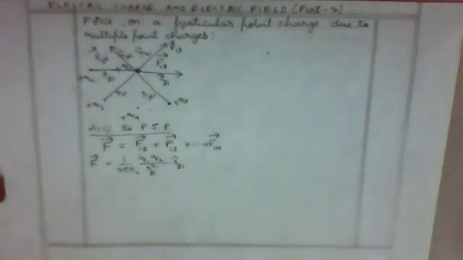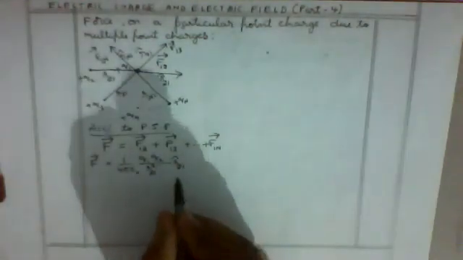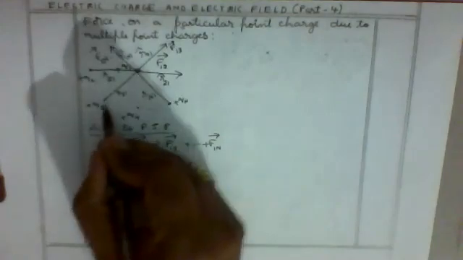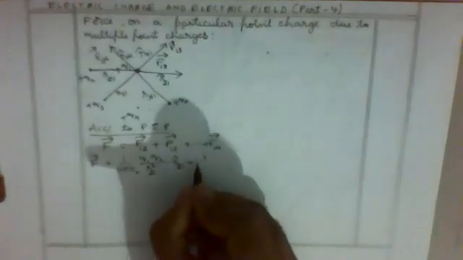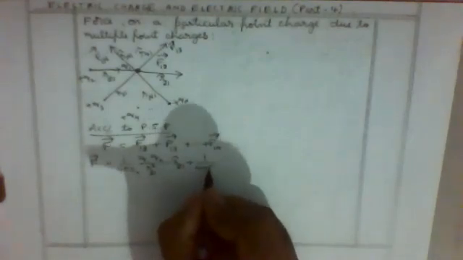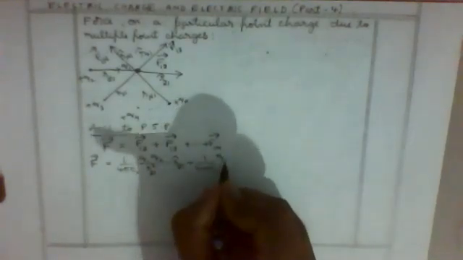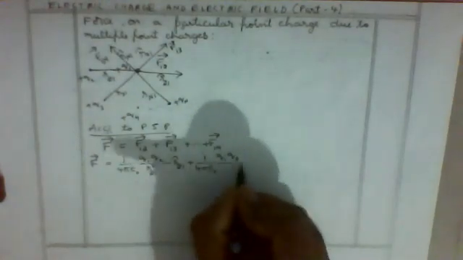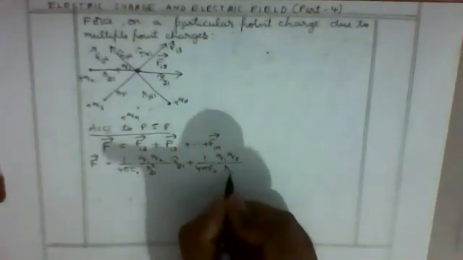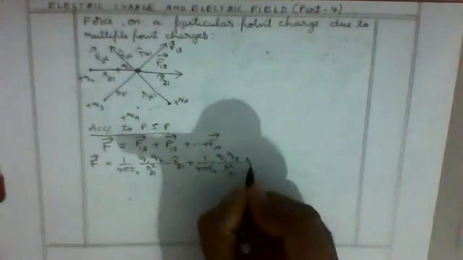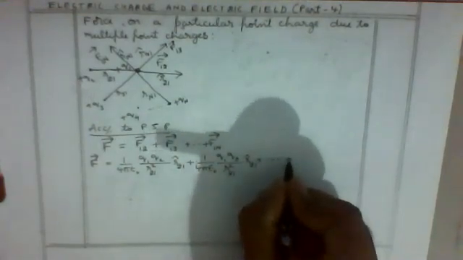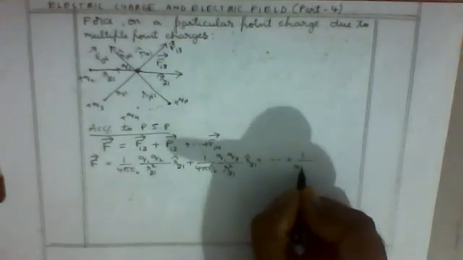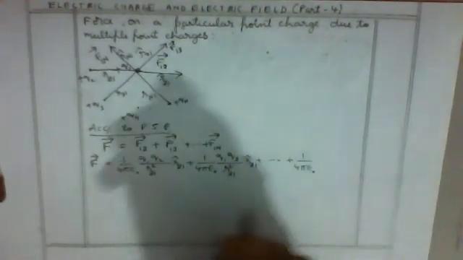In the same manner, the force acting on plus Q1 due to plus Q3, that is also repulsive, is 1 divided by 4 pi epsilon naught, Q1 Q3 divided by R31 square, into R31 cap, plus so on, up to 1 divided by 4 pi epsilon naught.